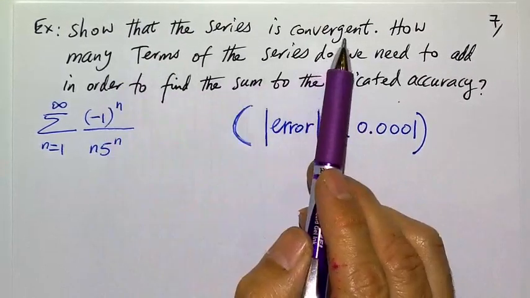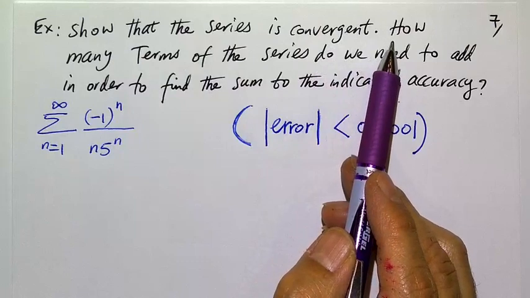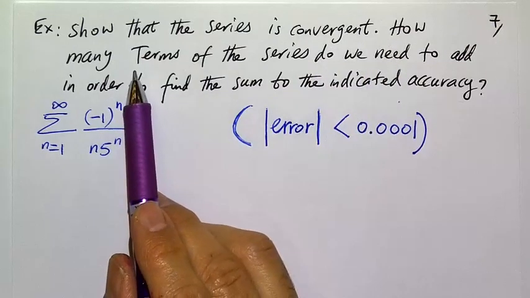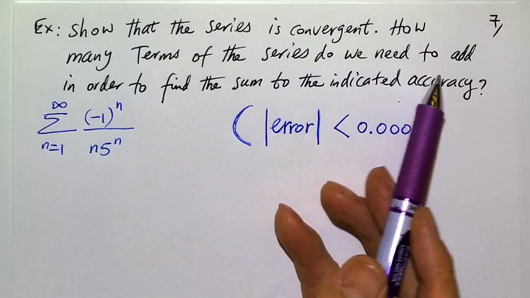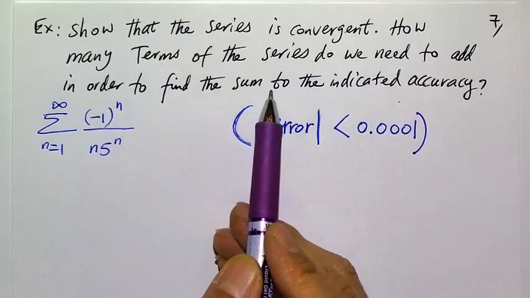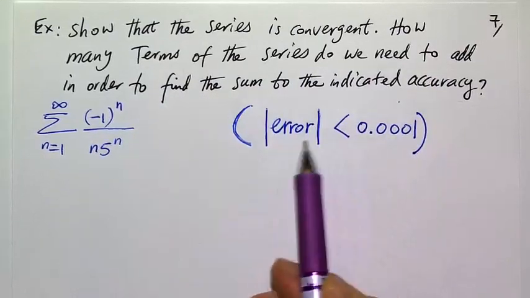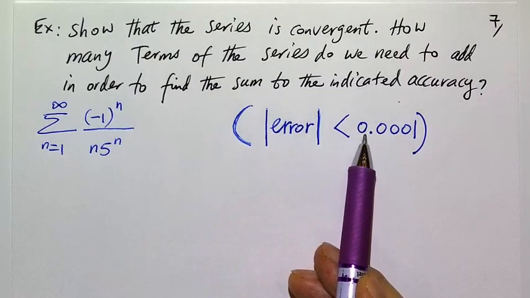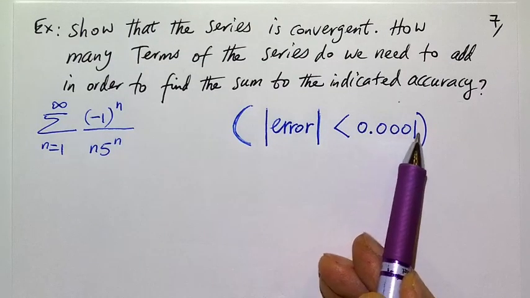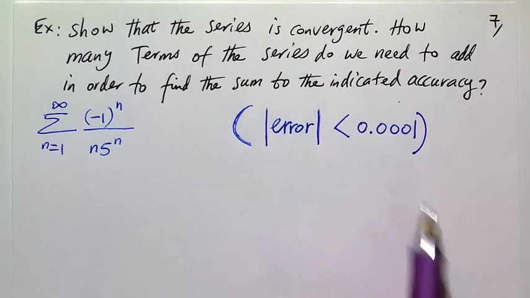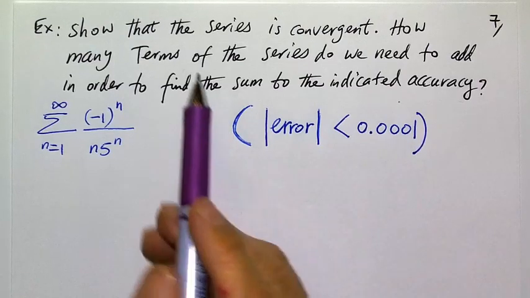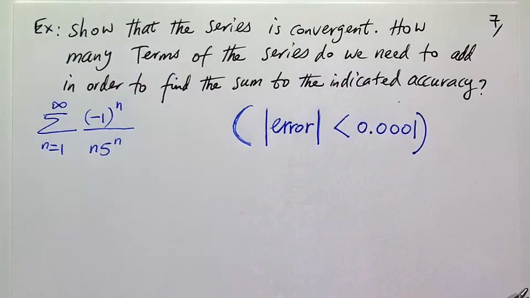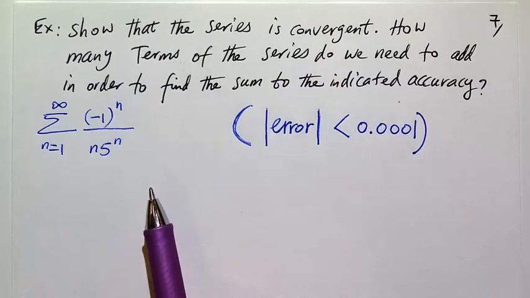First thing, we should show that the series is convergent, and then how many terms of the series do we need to add in order to find the sum to the indicated accuracy? This is the indicated accuracy. The error should be less than 0.0001.